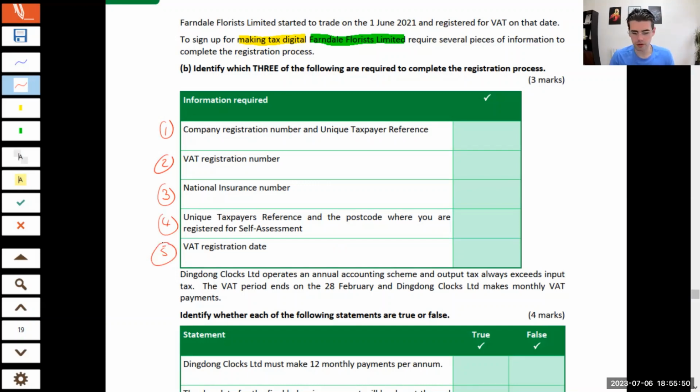Now, Rob's picked up one of those straight away. National insurance number. Companies don't have national insurance numbers, do they? You have a national insurance number. It's individual, isn't it? It's not for companies.